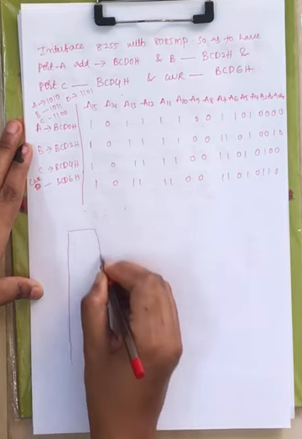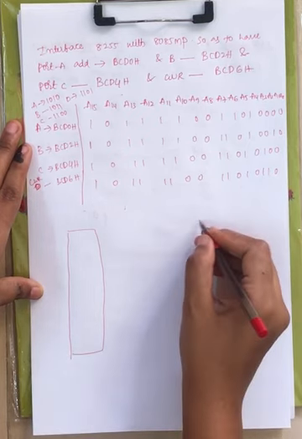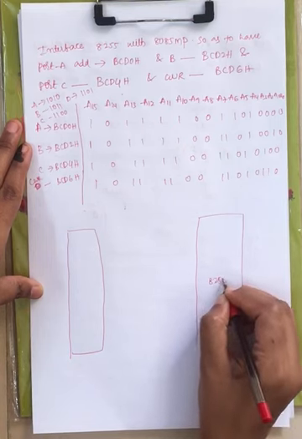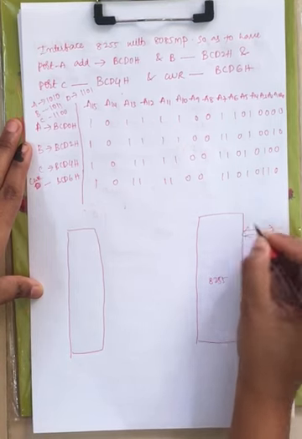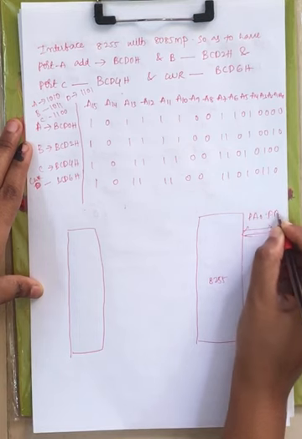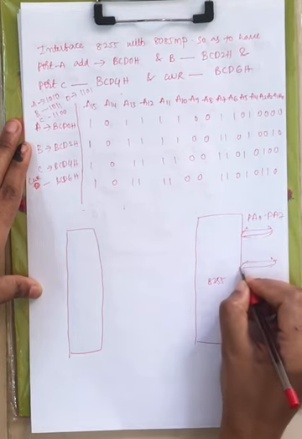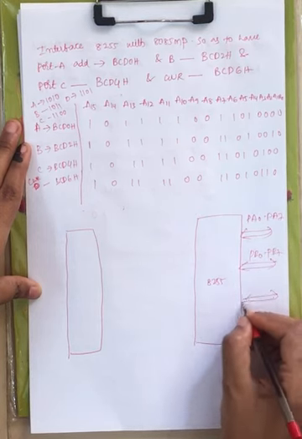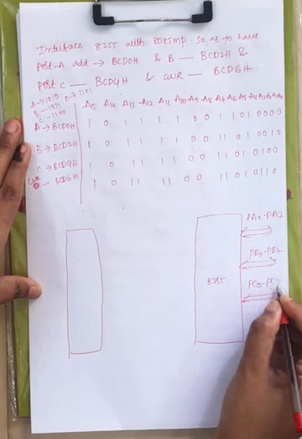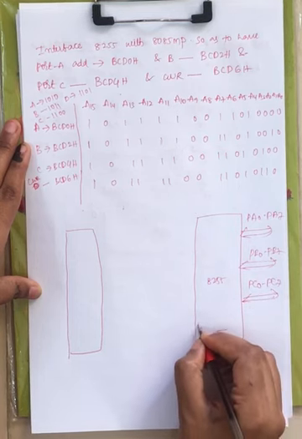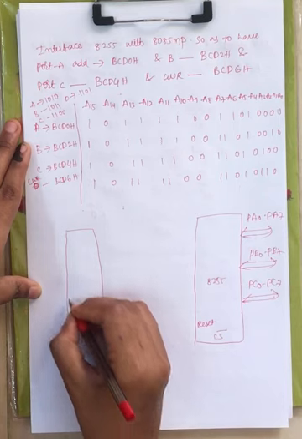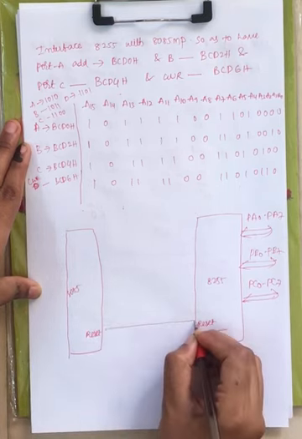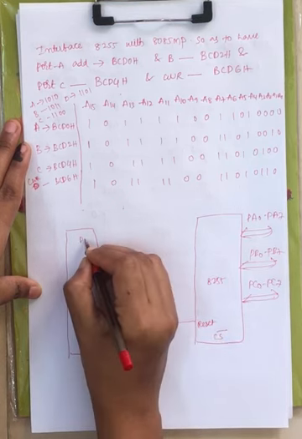Now first represent the 8086 processor, and next you represent 8255, with port A IO lines PA0 to PA7, port B IO lines PB0 to PB7, and port C IO lines PC0 to PC7, and here you have chip selection and reset. The reset pin of 8086 is connected to the reset pin of 8255.